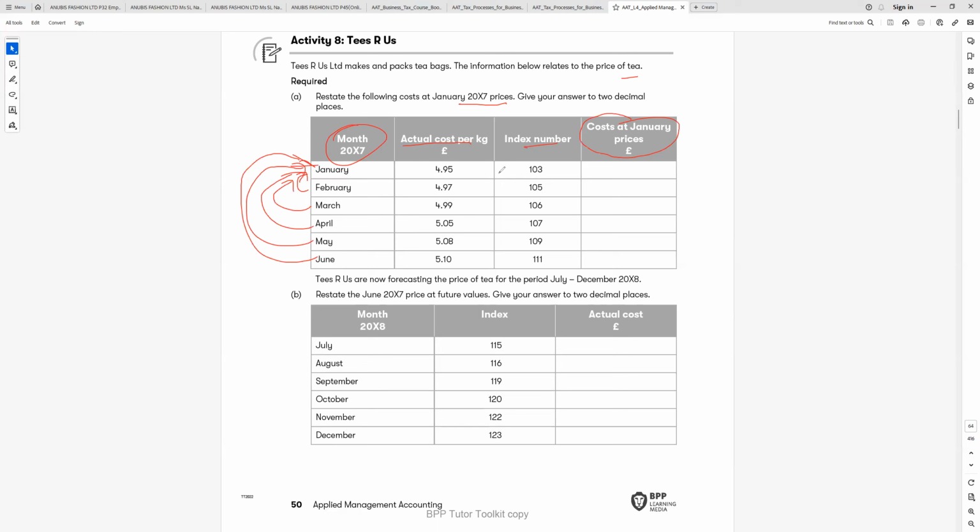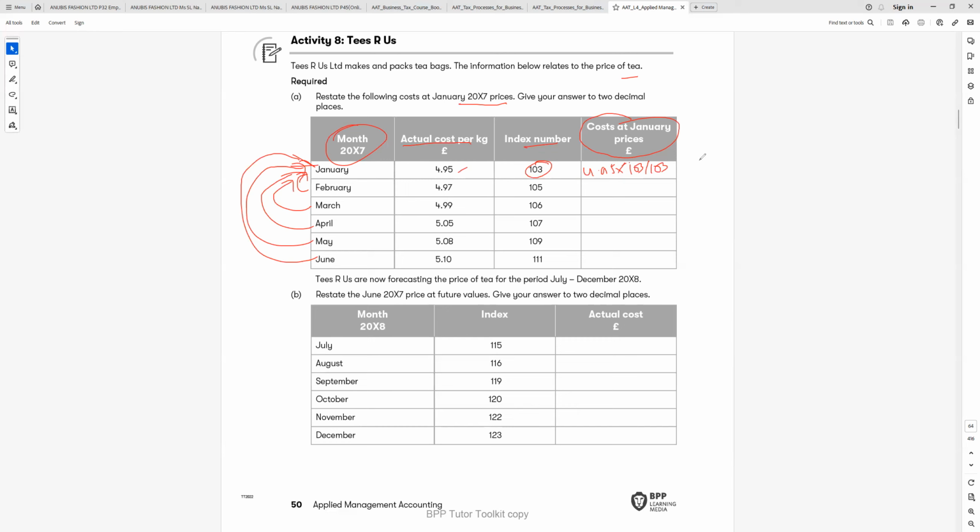So we take our actual cost 4.95, then divide with 103, that's my index, and 103 is my base. So we say 103, and we divide with 103. The first one will be the same because I'm in January, so my cost will be the same in January.